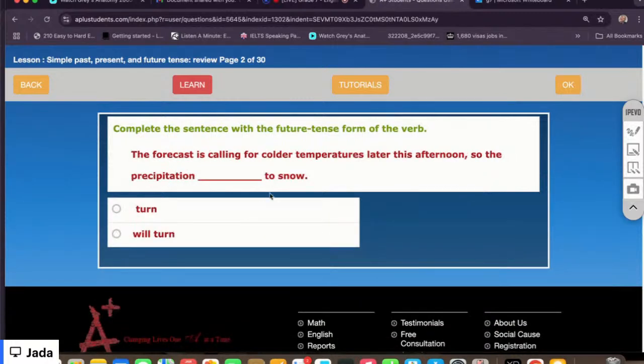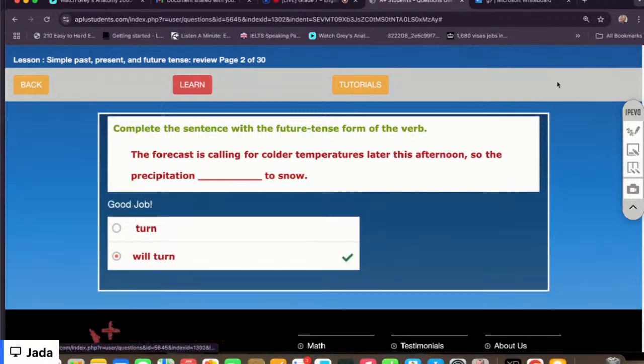So the forecast is calling for colder temperature later this afternoon. So the precipitation dash to snow. This is asking for future tense. Remember the future tense comes with will. So the precipitation will turn to snow.